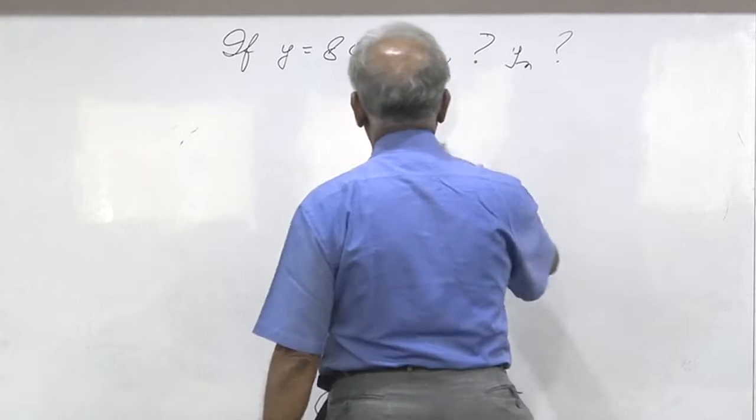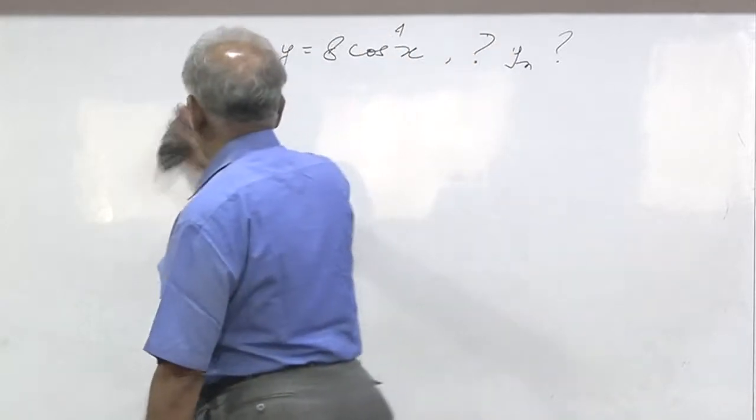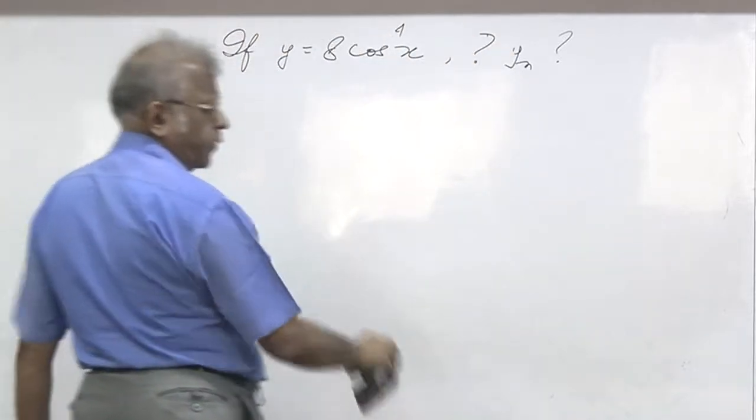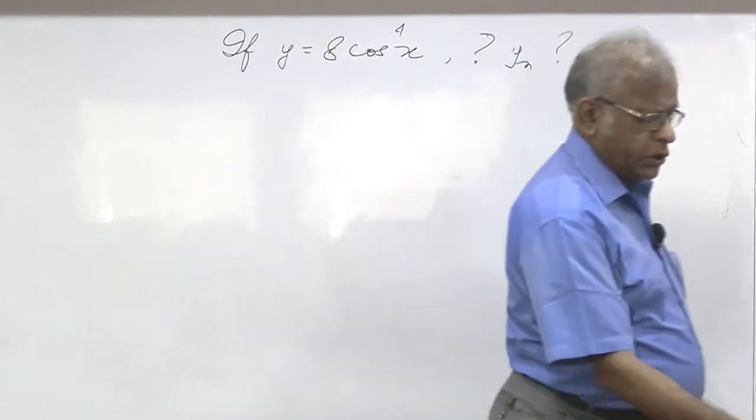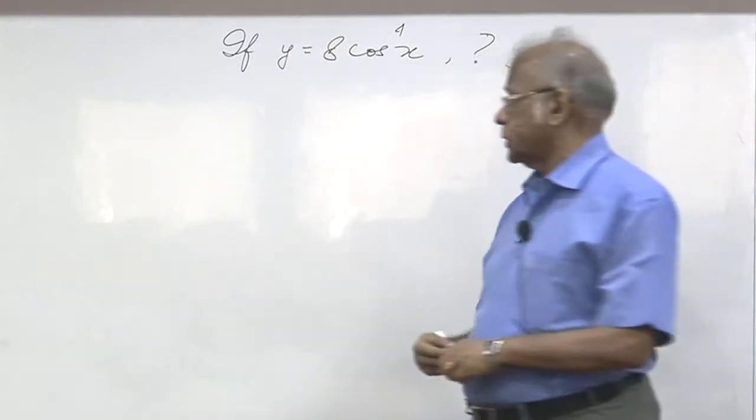So first of all, let me break down the 8 times cos to the power of 4x into simpler cosine functions.